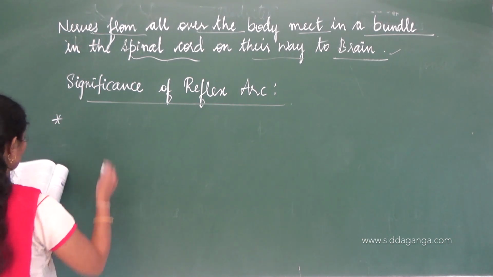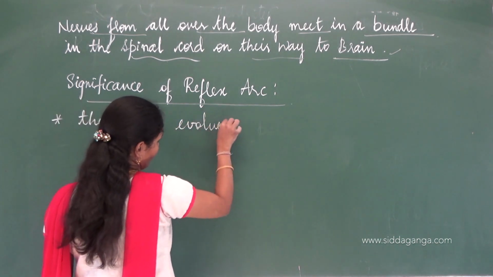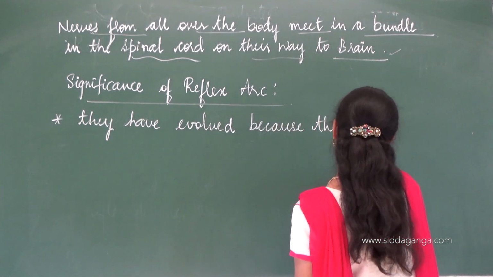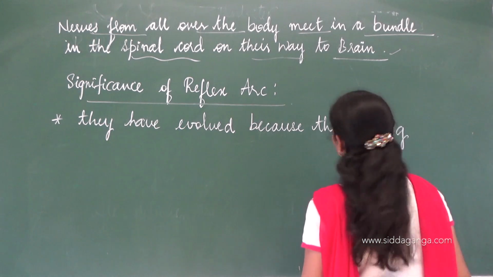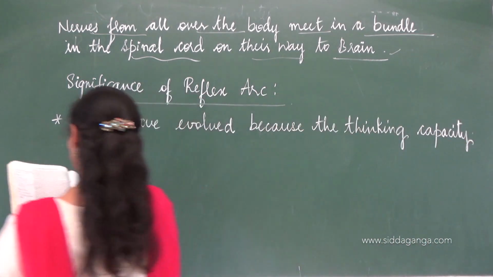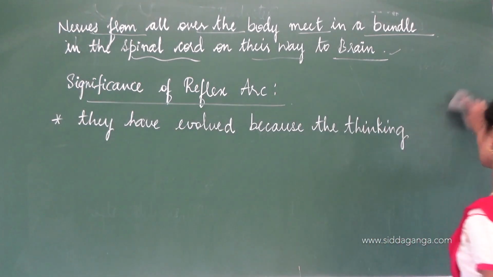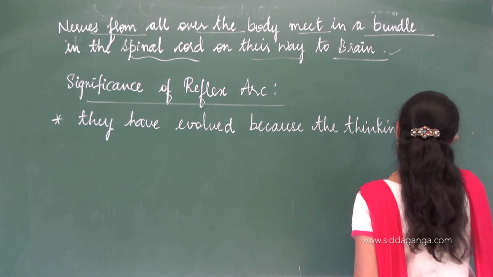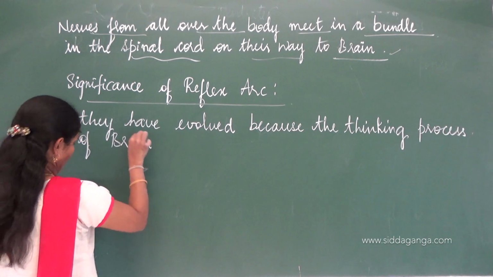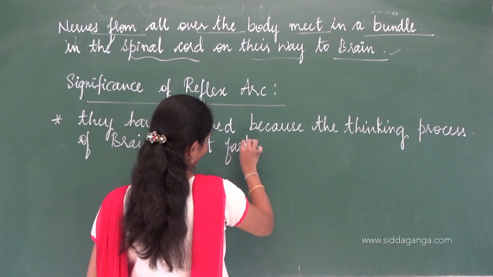Reflex actions have evolved because, very important point, the thinking process or thinking capacity of the brain is not fast enough. It's not very fast.